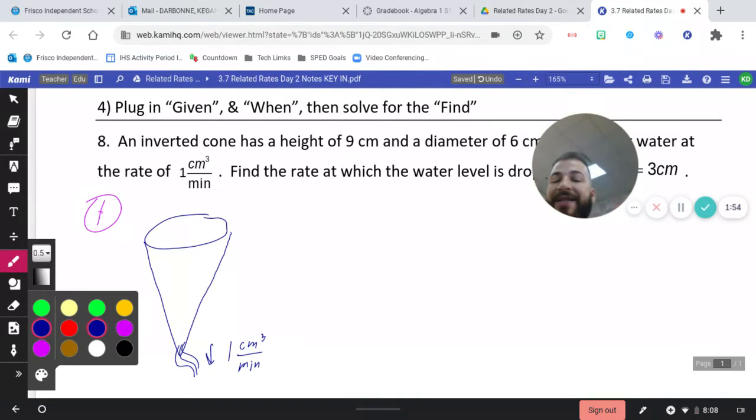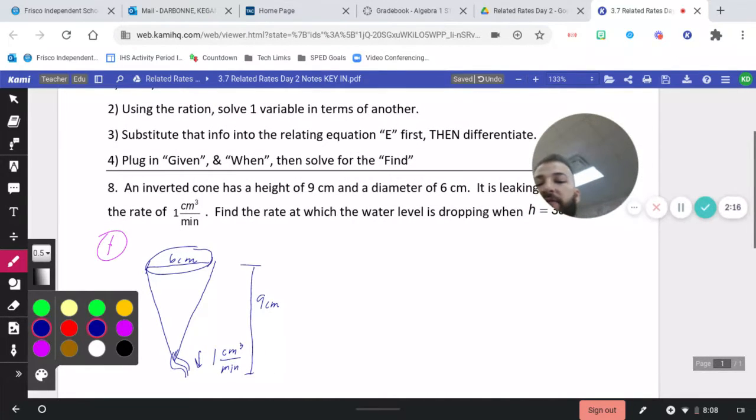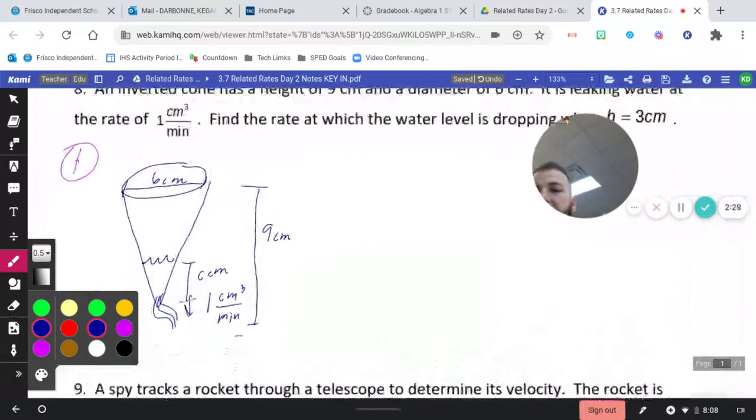It has a height of 9 centimeters, so height here is 9 centimeters, and it has a diameter of 6 centimeters. And I want to find the rate at which the water level is dropping when h is equal to 3 centimeters, specifically. Okay, so there is our nice little picture.